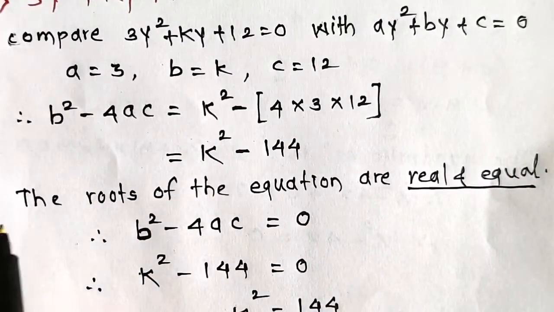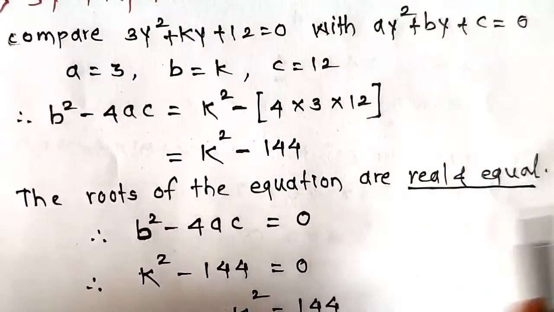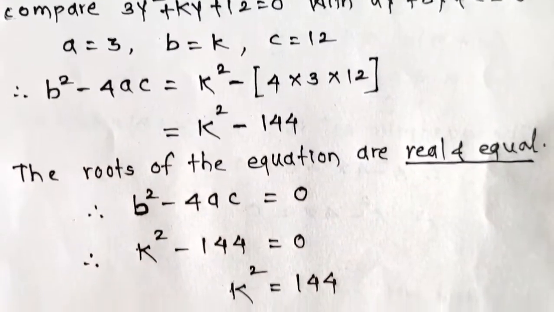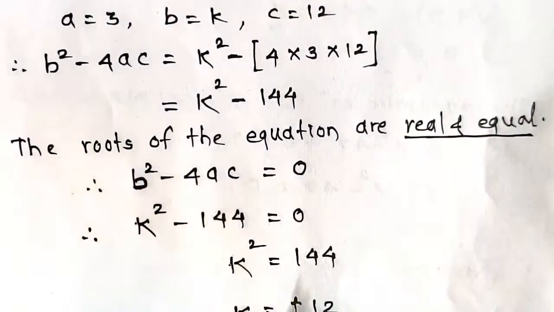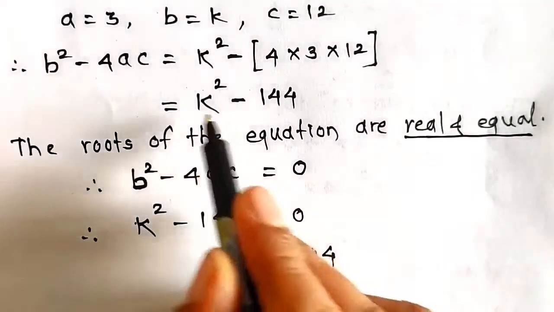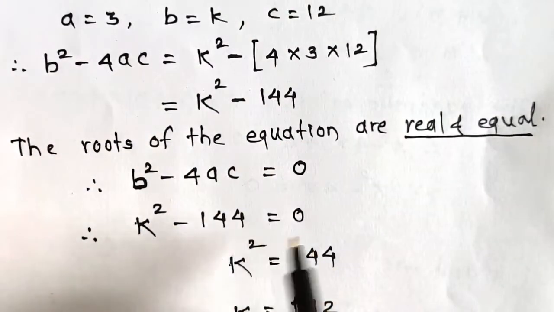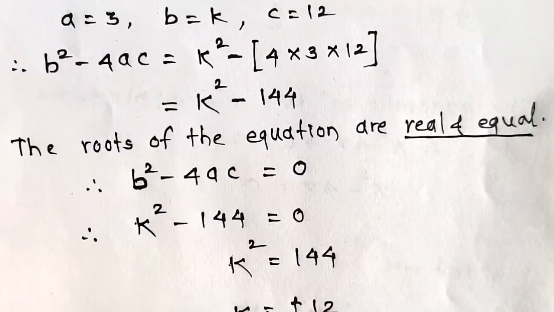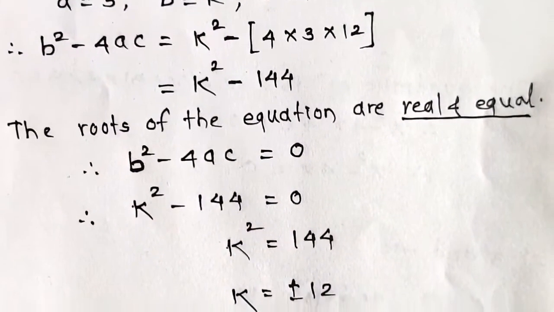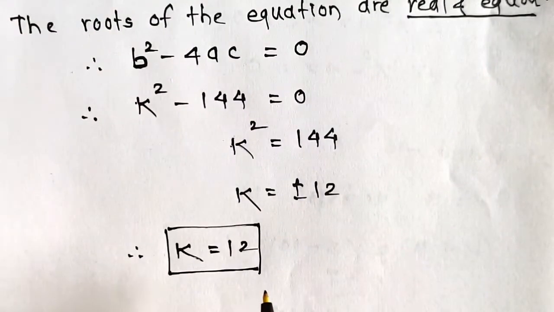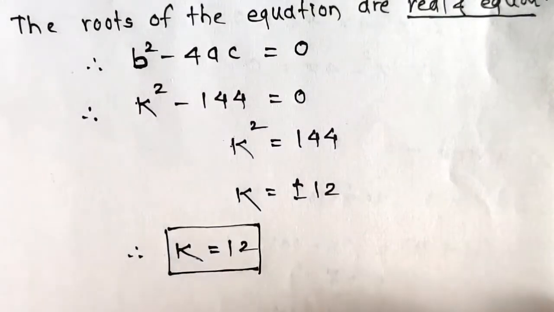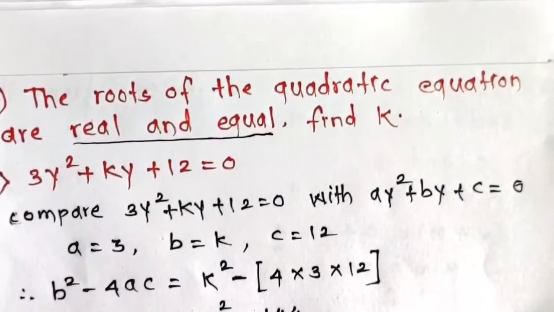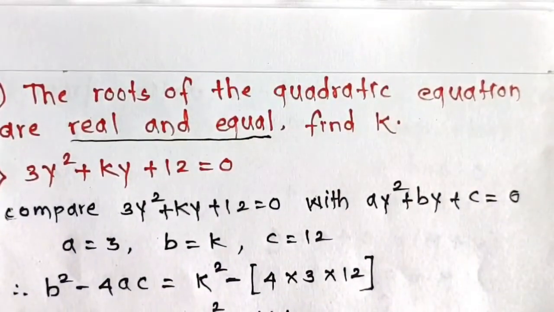But what is given? The roots of the equation are real and equal, and therefore our conclusion is b square minus 4ac must be 0. That means k square minus 144 is equal to 0. So k square is 144, k is equal to plus minus 12, or only 12. So we get k is equal to 12. So in this way we can find the value of the constant k.